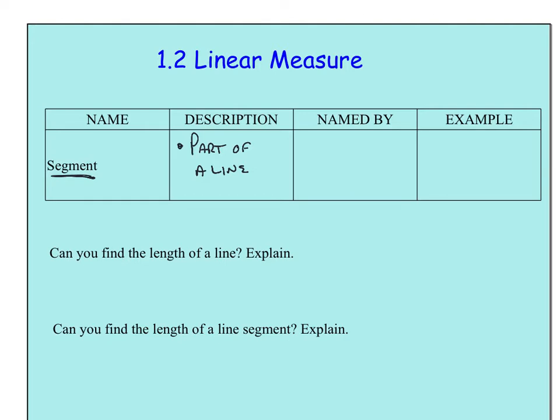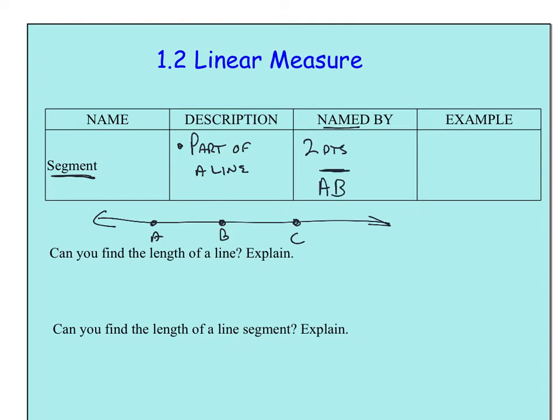So when you consider that I've got a line, we can just keep it simple: A, B, C. I cannot find the measure of line AB or line AC. But what I can do is figure out the measure of line segment AB or line segment AC. So here's the difference. When you name it, you're naming it by 2 points, but you have endpoints.